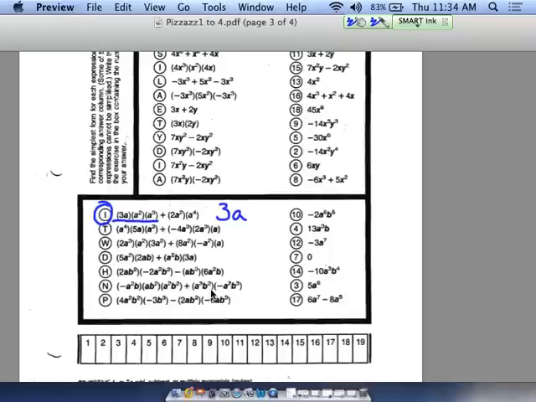I have a variable of a base of a once, and the power on a becomes 1 plus 2 plus 3, or 6. And then I'm adding. So here I have 2, my coefficient is 2, and a takes on the power of 2 plus 4, which is 6. I've now created a pair of like terms, so when I have like terms, I simply add their coefficients together. I now have 5a to the 6th.